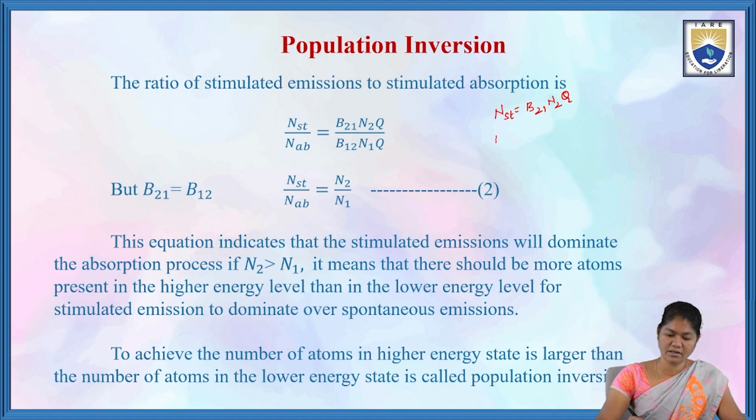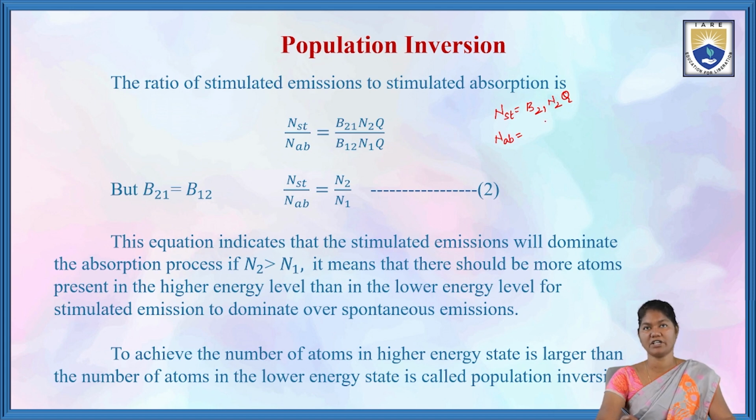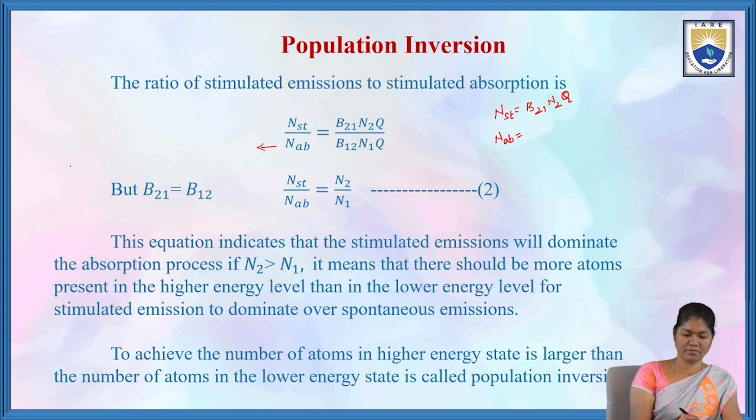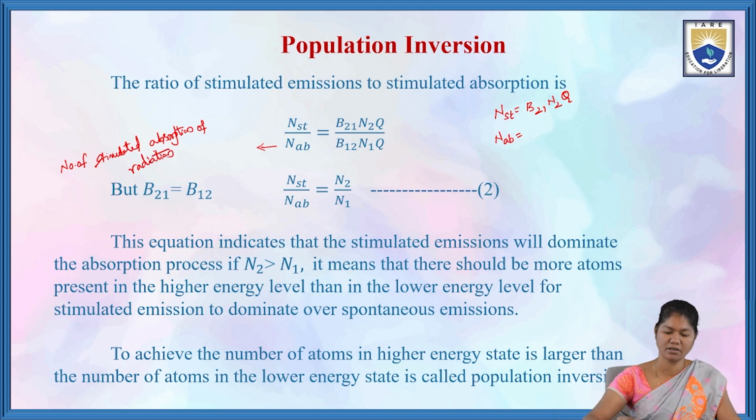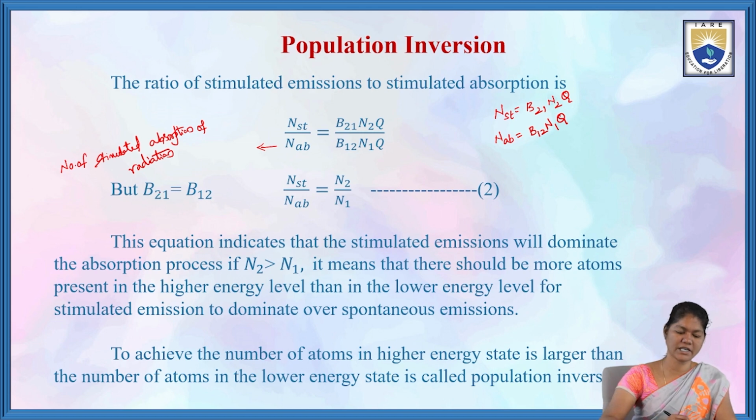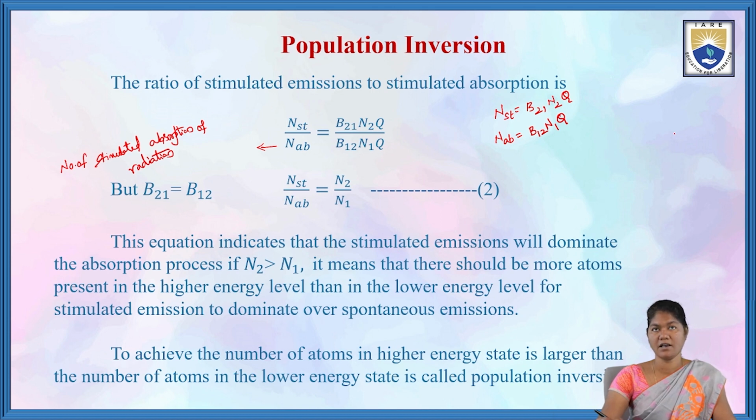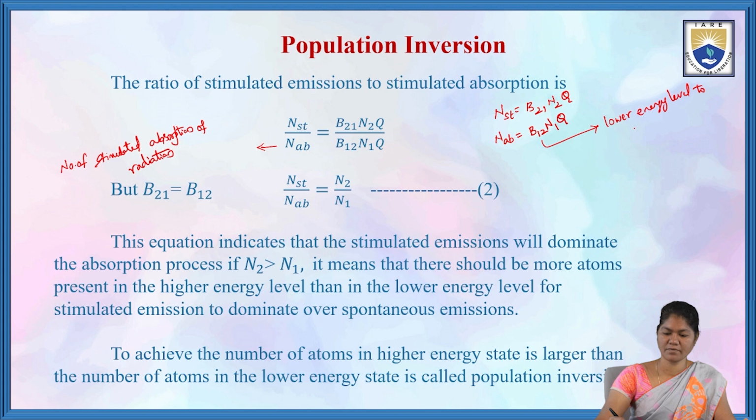NAB, the number of stimulated absorption of radiation, is equal to B12 N1. Here the atom is absorbing, making a transition from the lower energy level to the higher energy level, that is E1 to E2.